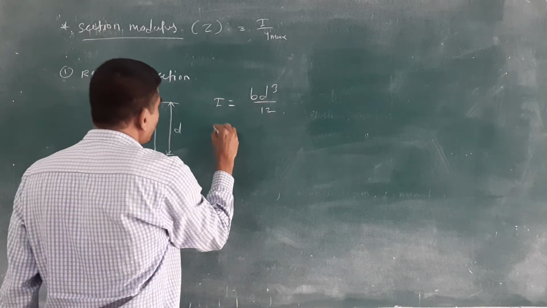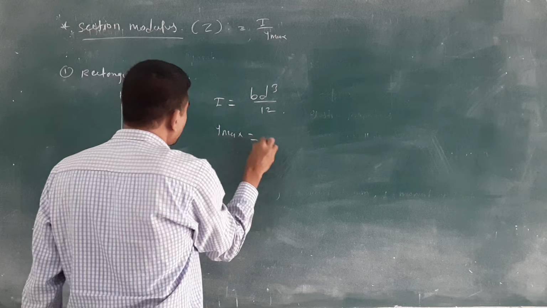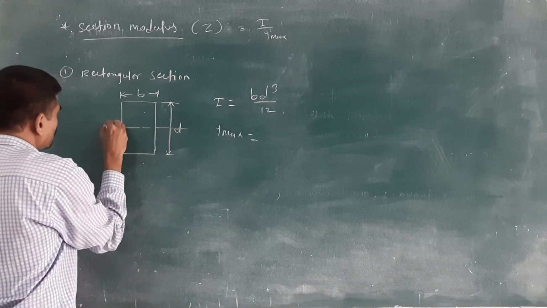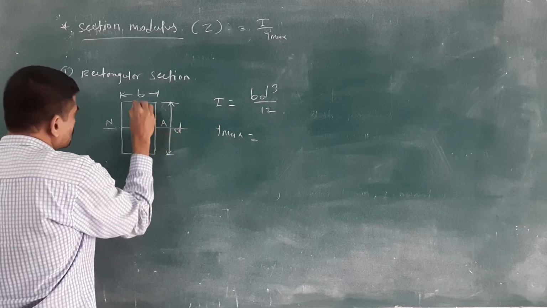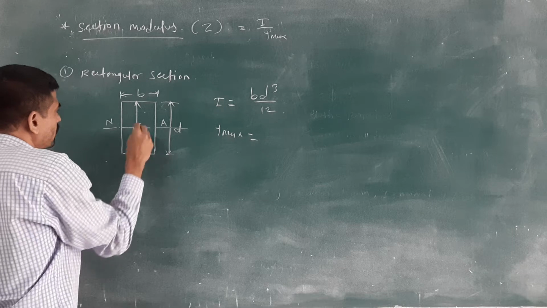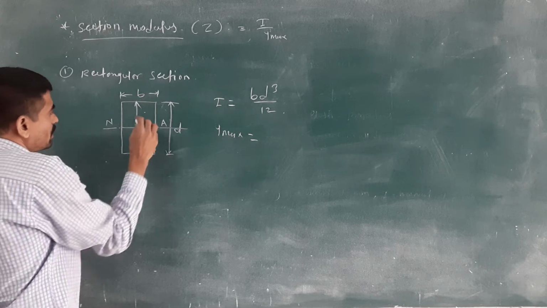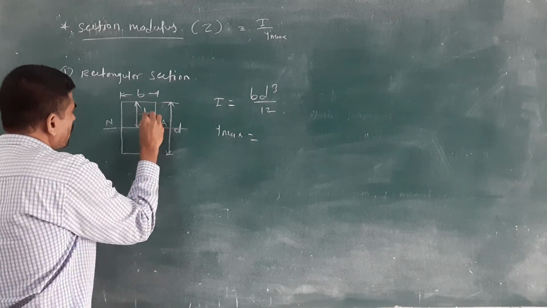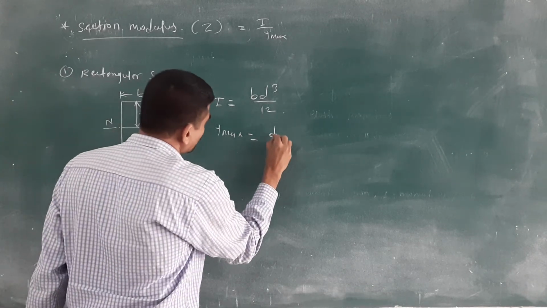And what is the Y max value? Where is the neutral axis? At the center. NA, neutral axis. What is this distance? The outermost distance from the centroid, at the top or bottom. So you will get Y max is equal to d by 2.